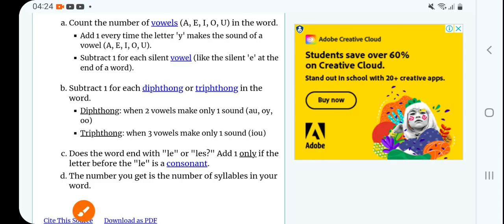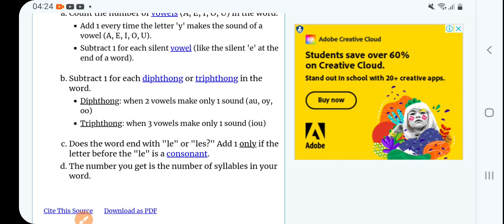Then add one every time the letter Y makes the sound of a vowel. Then subtract one for each silent vowel, like the silent e at the end of the word. In this word there is no silent vowel, so we don't subtract.